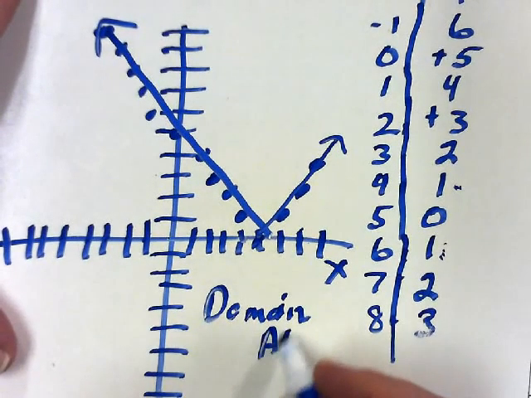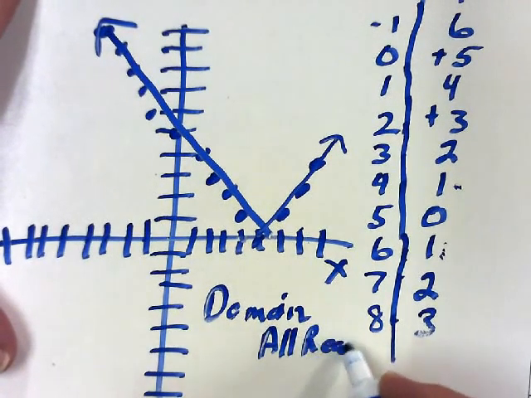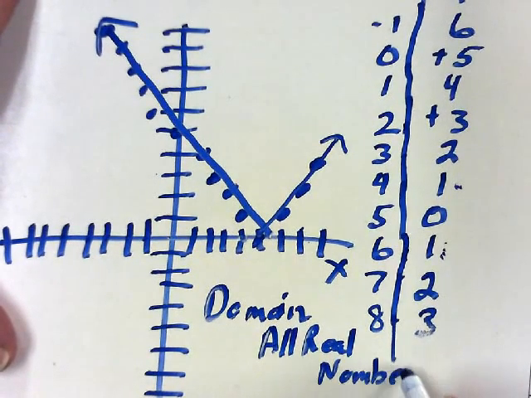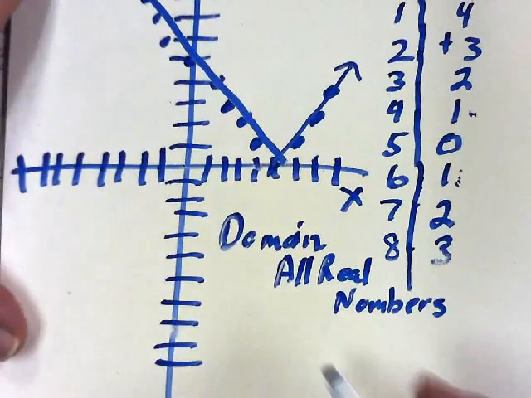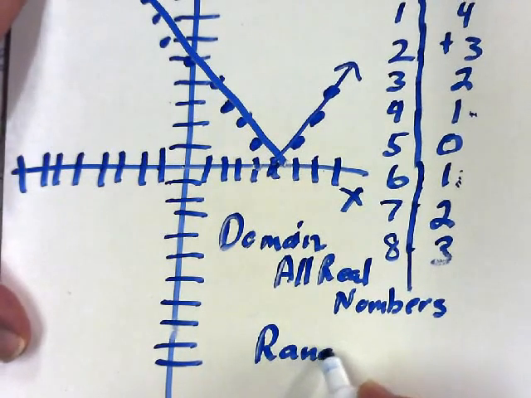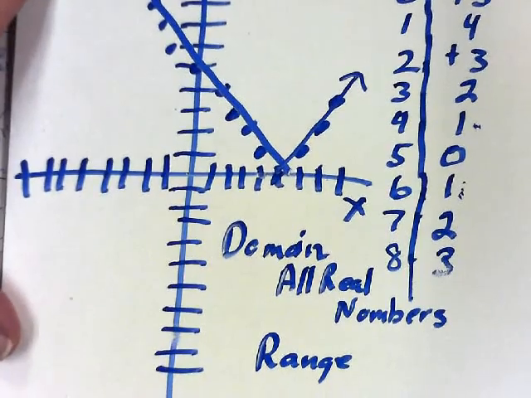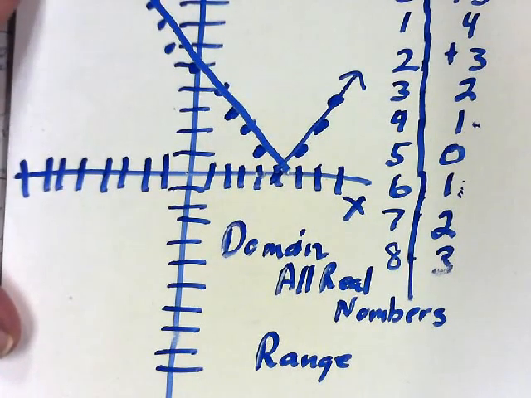The range. First thing I'd look for is the smallest or the largest y value. It will just be 0. So in this case, the smallest y value here, isn't it? That's the farthest it comes down on the graph.